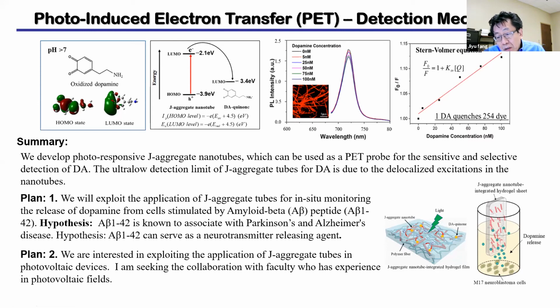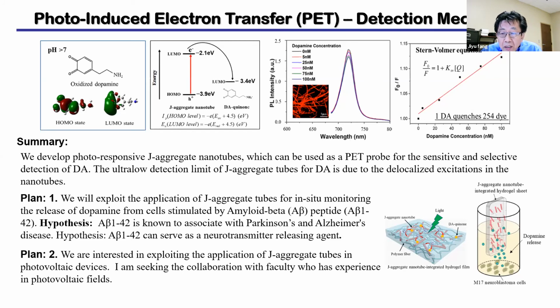I am also interested in whether we can use this J-aggregate nanotube to screen drugs. A number of drugs have been developed to treat Alzheimer's and Parkinson's disease and are used as releasing agents to trigger the release of dopamine.